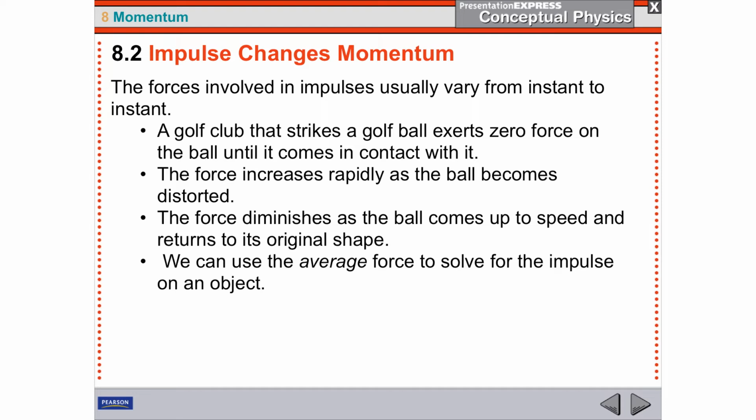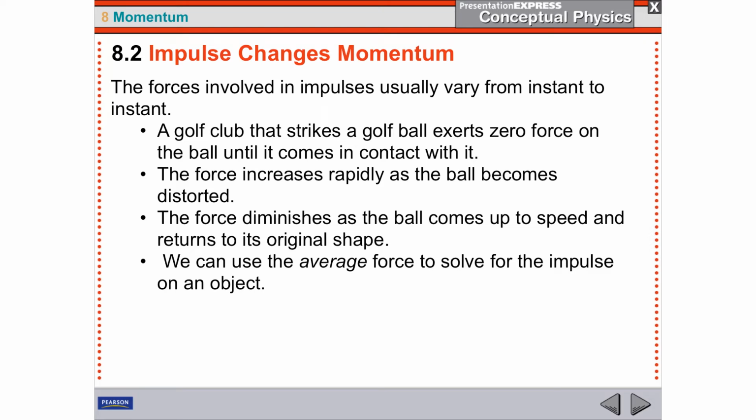Then the ball comes back to shape, and as it's coming back to shape, less and less is touching the club, and it's diminishing in acceleration. And then when it leaves the club, it has no acceleration again. It's just moving at whatever speed it left the club at.